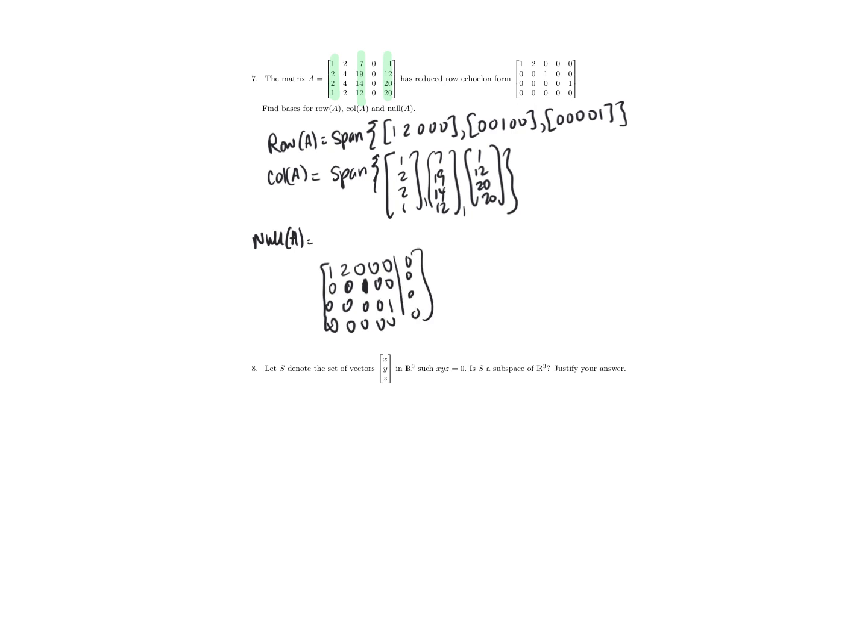Okay, and so our pivots are here, here, and here. And so that means that we will have a free variable in the columns that don't have pivots. We'll call those s and t.